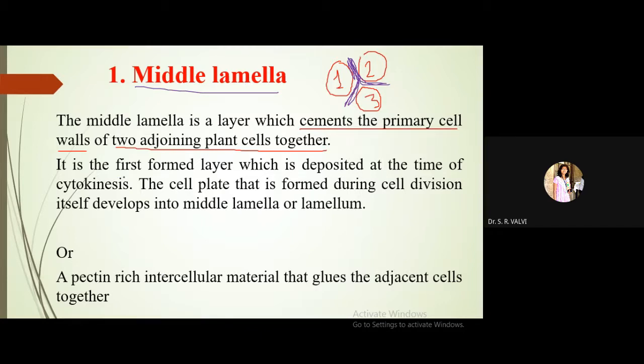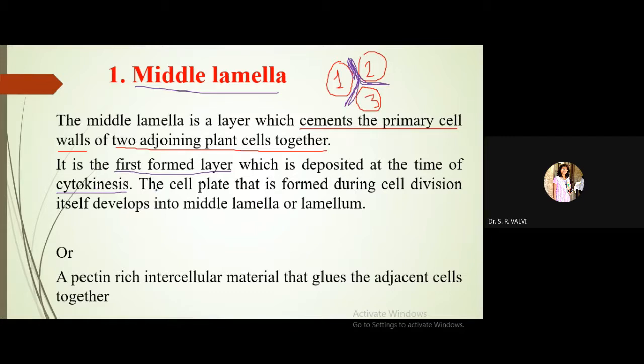It is the first formed layer, which is deposited at the time of cytokinesis. See, cyto is the cell, kinesis is the division. So when cell division takes place, the middle lamella is the first formed layer of cytokinesis.